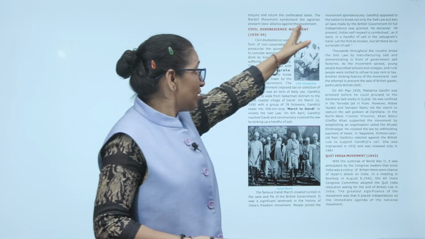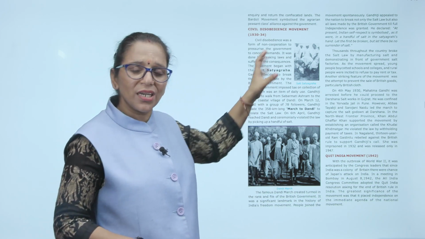The Bardoli movement symbolized the agrarian peasant class alliance against the government. So this was a great effort by Sardar Vallabhbhai Patel, where he pressurized the British government to do welfare work in favor of the peasants.